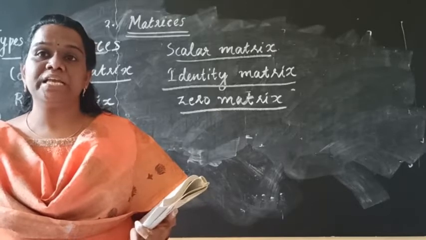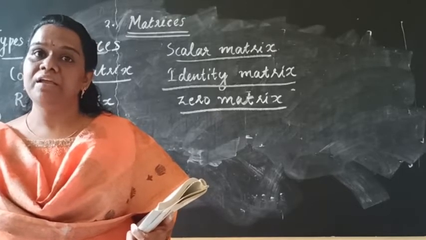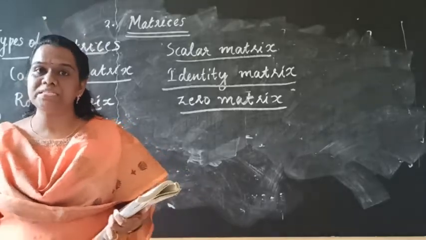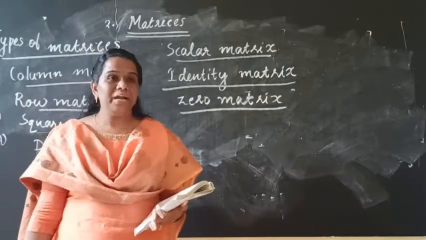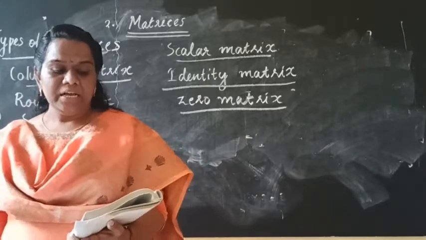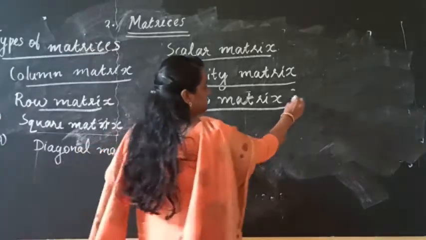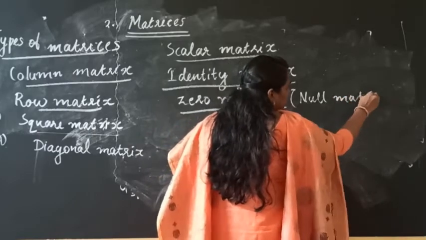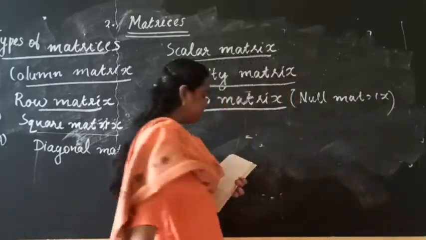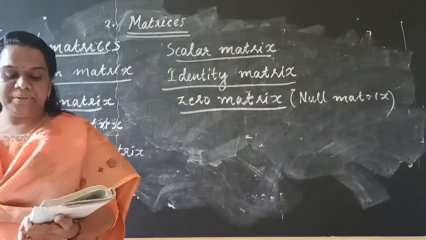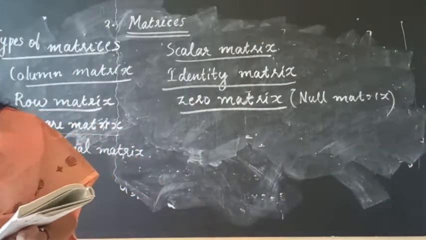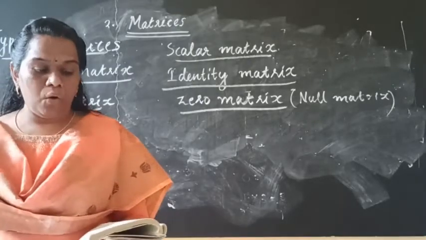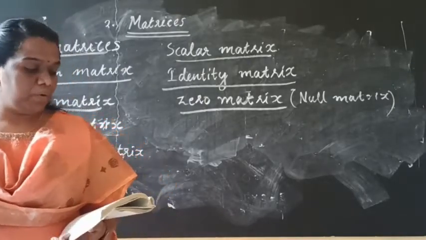If you put zeros in a rectangular array, that is known as a zero matrix. A matrix is said to be a zero matrix or null matrix if all its elements are zero.